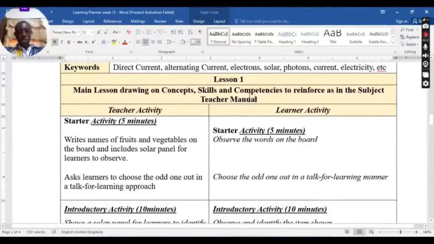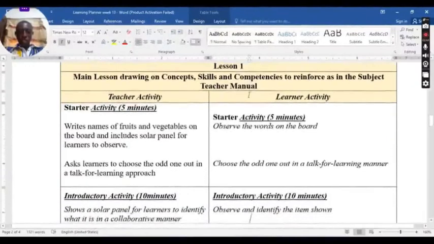So when you read the teacher manual, whatever you're going to write should conform to it. The concepts, the skills, the competencies that are to be measured in the learner. So like I said, always read the TM, teacher manual, know what is there, then you can create activity towards it.